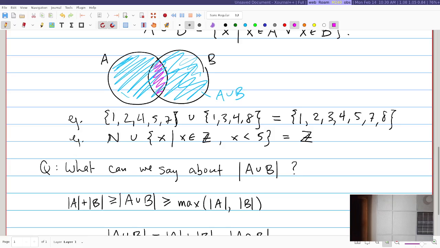We can look at this example. Here, this has a size of 5. This has a size of 4, and by adding them I get 9. But their intersection had two things in it, 1 and 4. If I subtract that, I get 7, which is the size of their union.